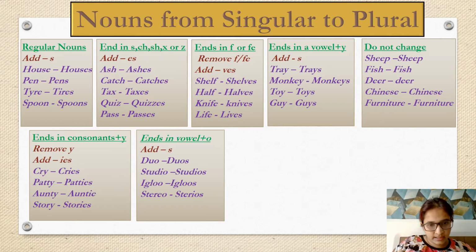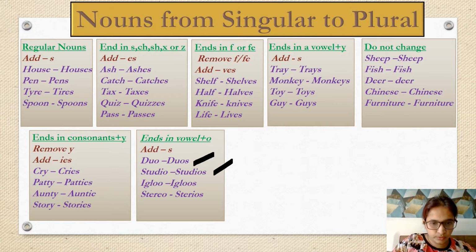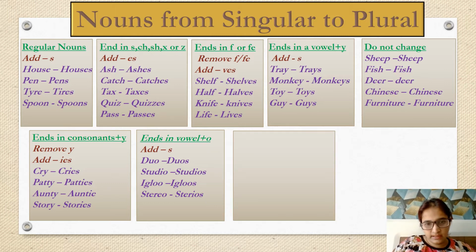Let's see the next one, where the noun ends in a vowel again, but this time instead of a y it's ending with an o. So after the vowel there is an o. For example, duo, duos, studio, studios, igloo, igloos, stereo, stereos. Then let's see the next case.